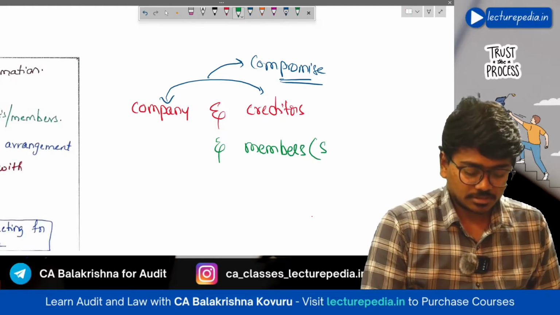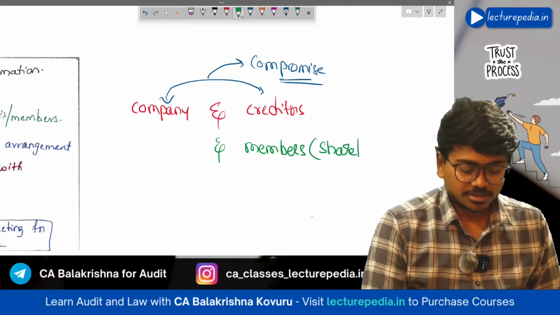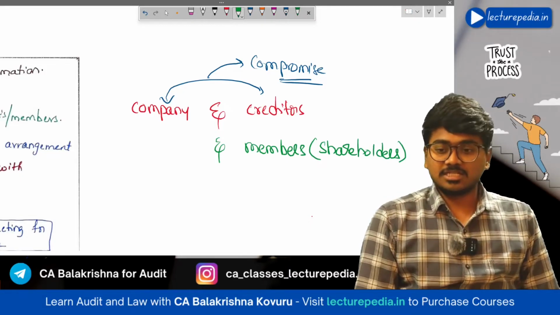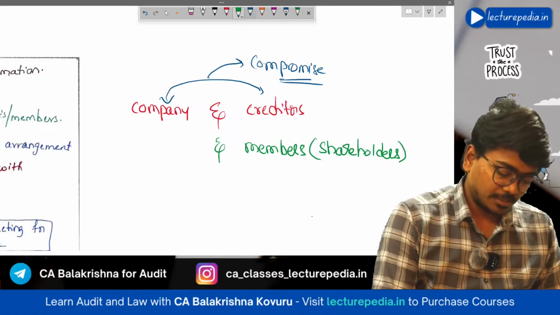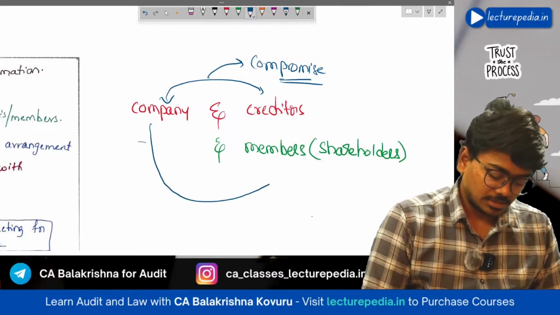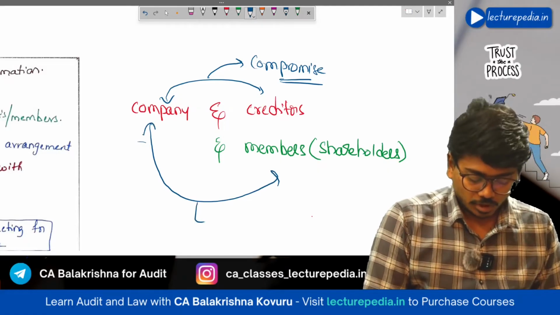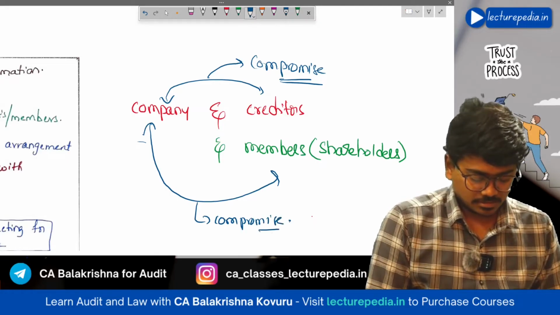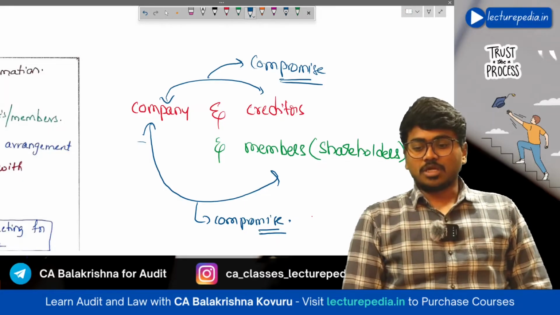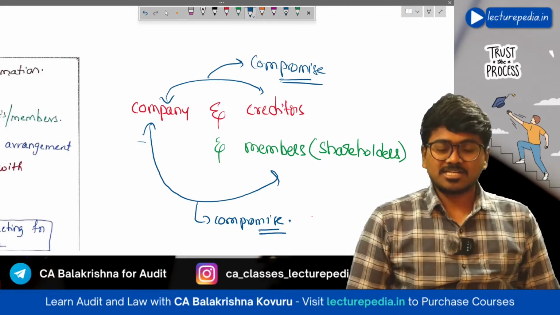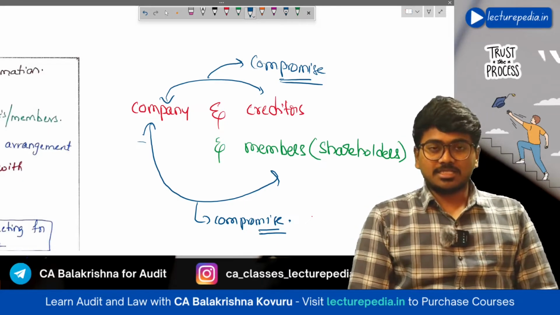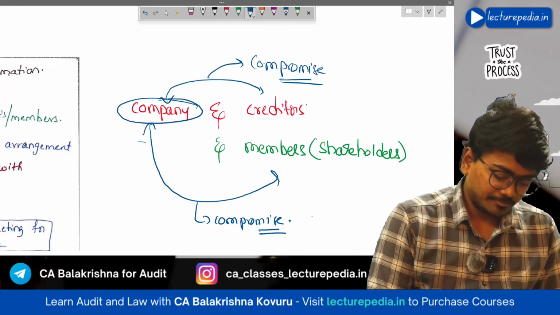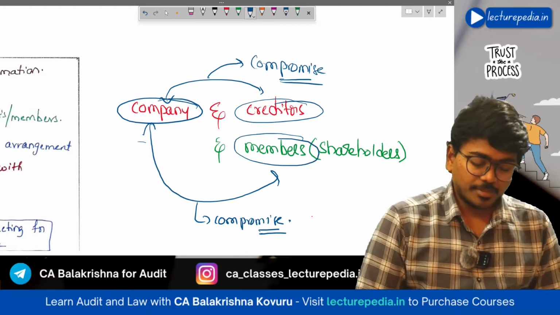Members means shareholders. Even if there is any dispute between company and shareholders, they can enter into compromise as per this chapter. So the three parties involved are company, creditors, members.